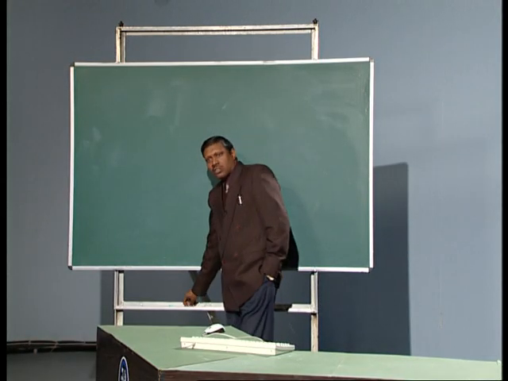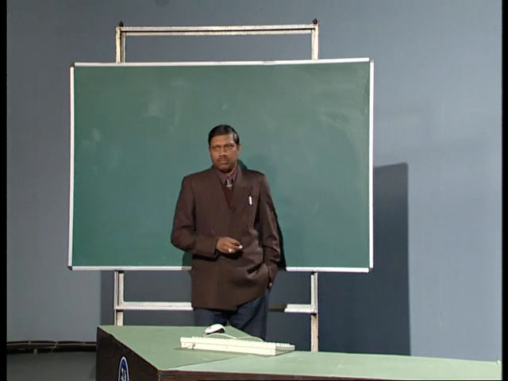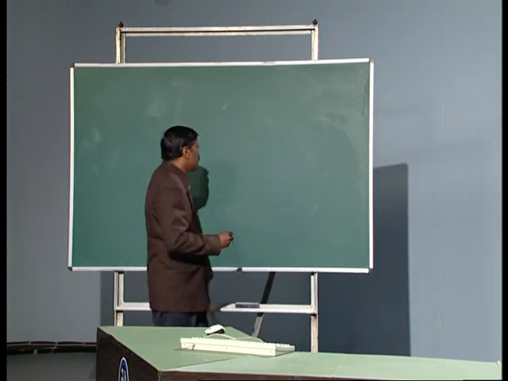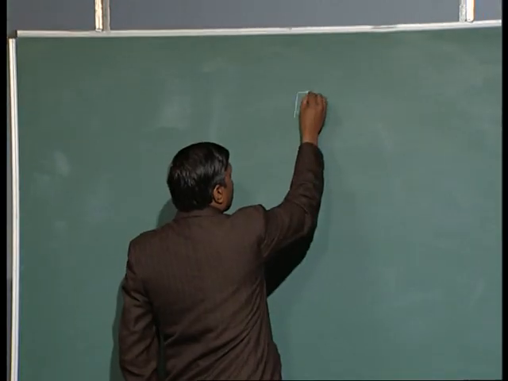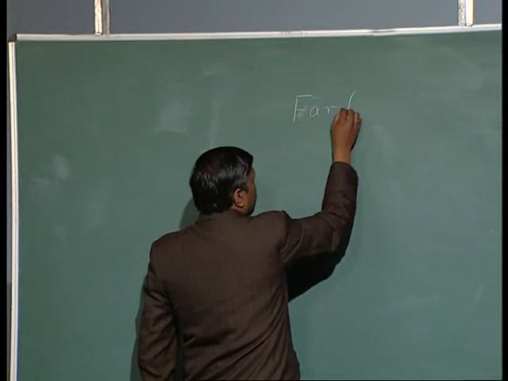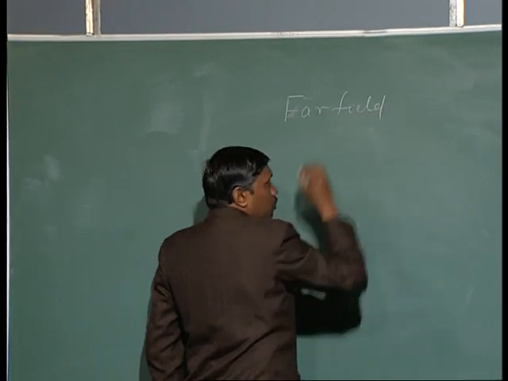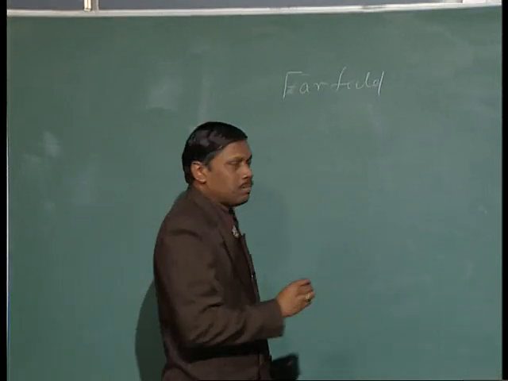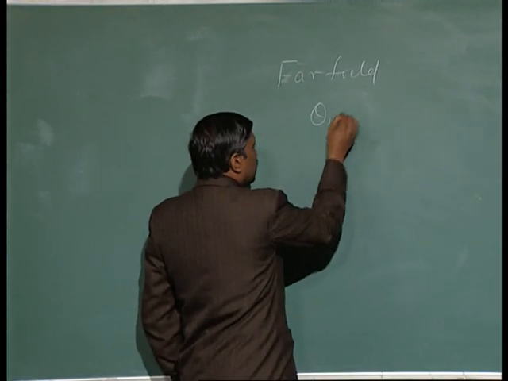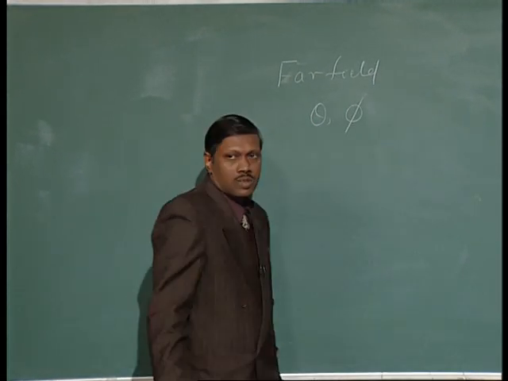For example, if we are talking about the far field region, then this distribution will be a function of theta and phi, that is the spatial angle.